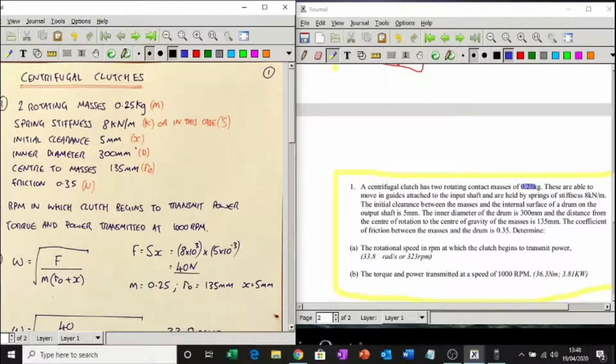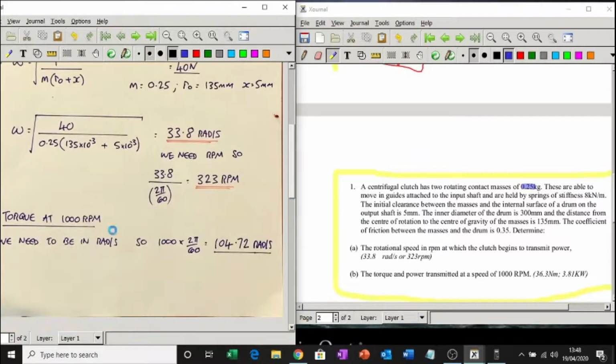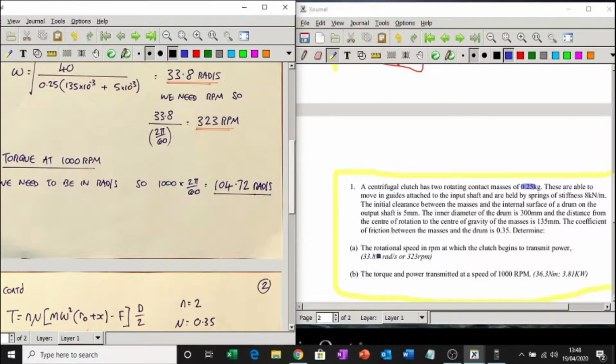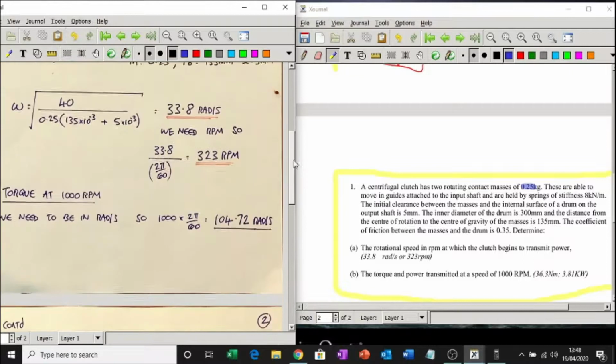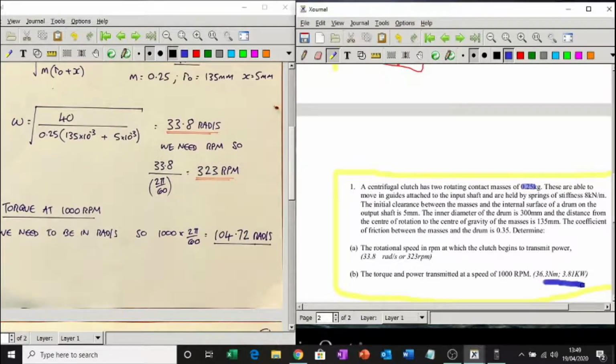Spring stiffness 8, so there's 8. Output shaft is 5. Diameter is 300. So this is the question I'm doing, 135 and 0.35. Calculate the speed in RPM, which it transmits power. That's part A. And then I'll do torque and power down here. So that is the question I'm doing now. The answers are in the brackets for this one.